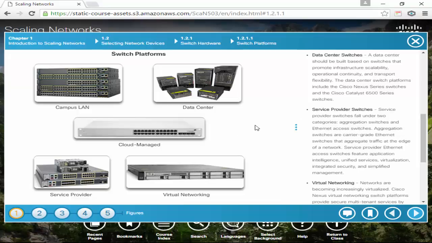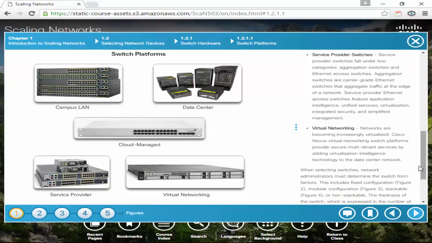These use fiber, or usually fiber or Metro Ethernet, to feed to other switches, and then at some point they're going to hand off to their customers. What is this whole unified service and all that? They're saying that the service providers, if we look at them, a lot of them are cloud providers that are going to provide voice over IP or web hosting or something to their customers.